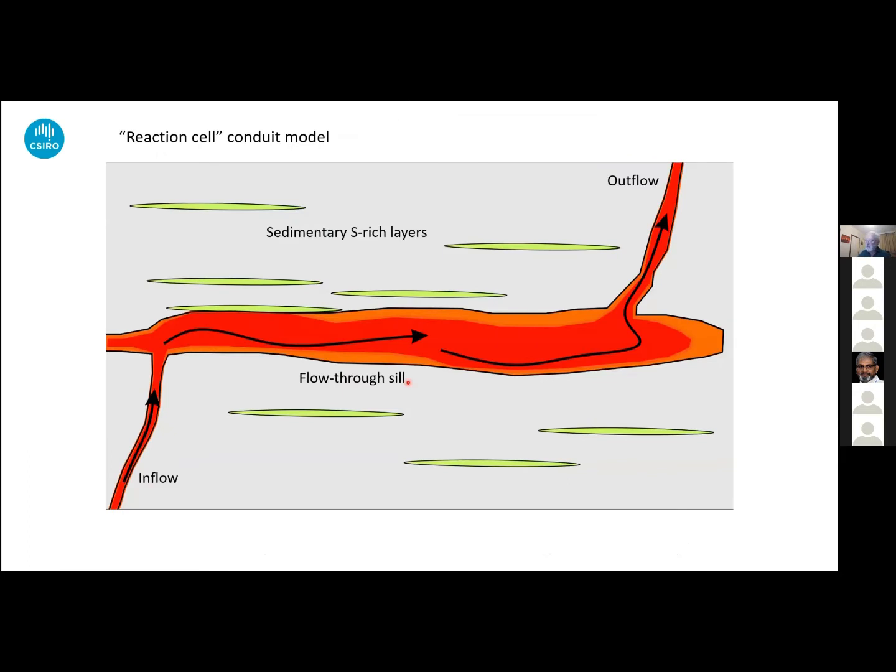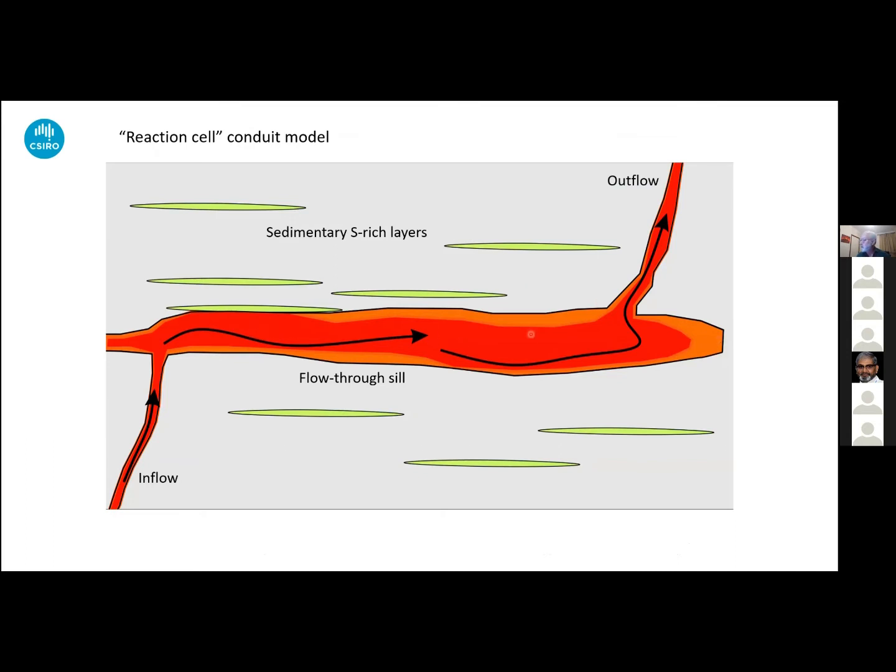So armed with that, now let's go to probably the simplest formulation of a hypothesis for the origin of nickel sulfide deposits. That's what has come to be known as the conduit model. We can think of it as basically a reaction cell where we're pumping magma in at one end. This is a more spatial version of the diagram I showed you before.